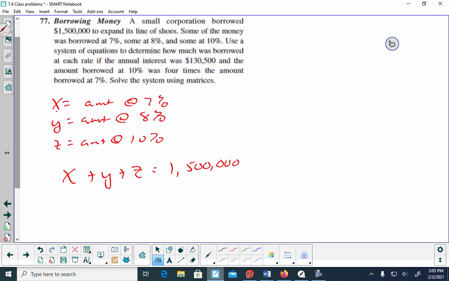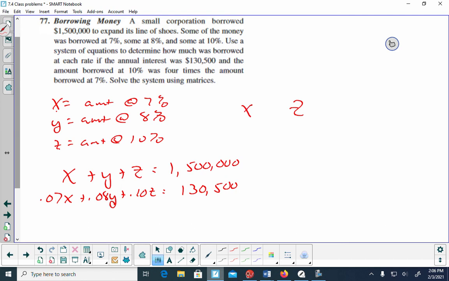To find the interest, I'm going to take 0.07 times X plus 0.08 times Y plus 0.10 times Z, and my interest was $130,500.